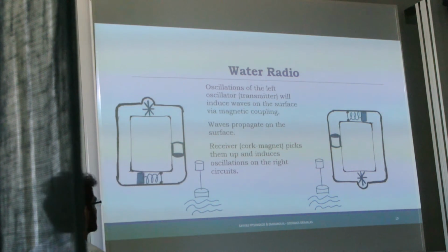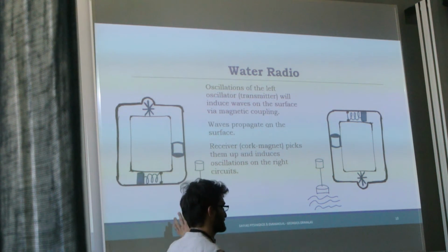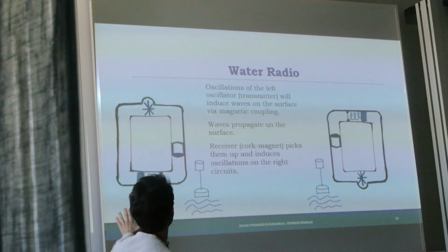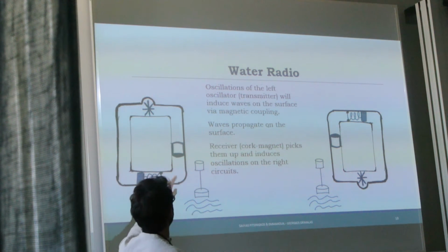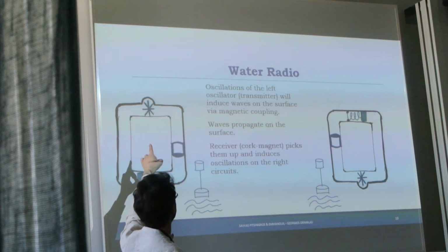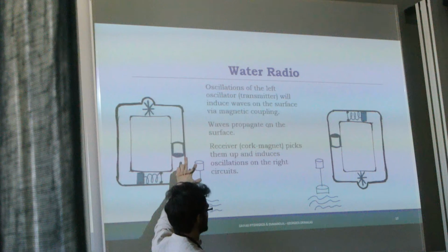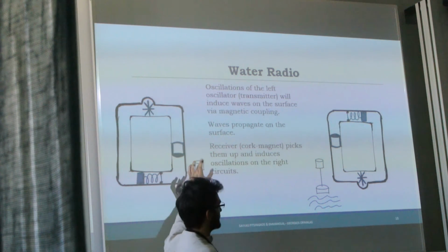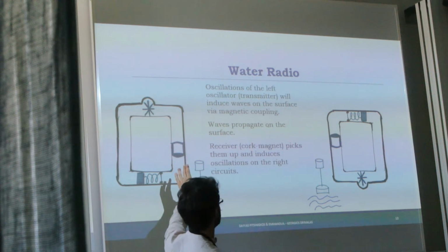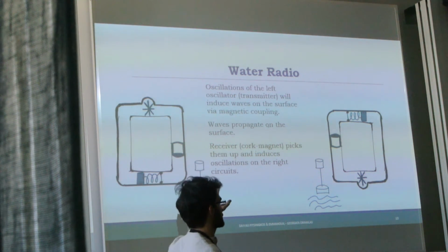So, we can construct our water radio. We have the transmitter and the receiver. The transmitter has an RLC analogous system with an alternating current source, an inductor and a capacitor. These two are magnetically coupled, and it's a cord with a magnet on top of it, so it would follow the oscillations of the source.